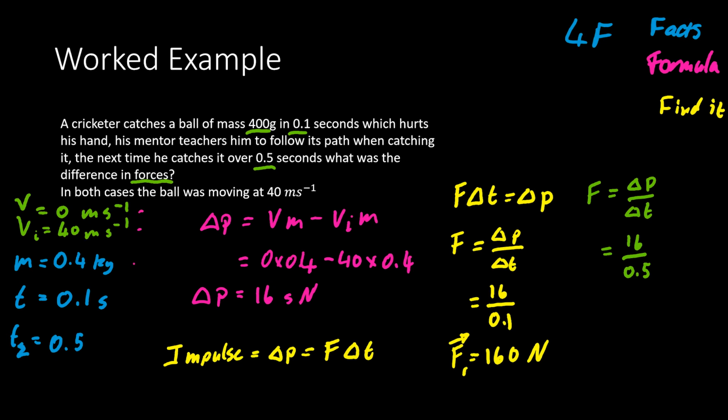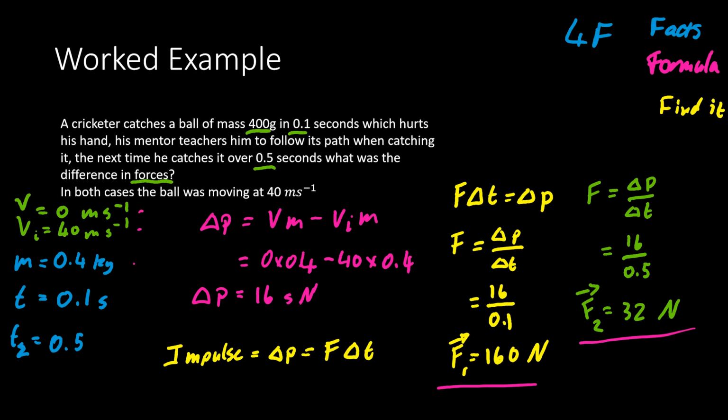Okay, so that is going to be equal to 32 newtons. And so in terms of the actual force hitting the poor lad's or man's, woman's, whoever's hand is very different, of course. One has an impact force of 160 newtons, the other of 32.